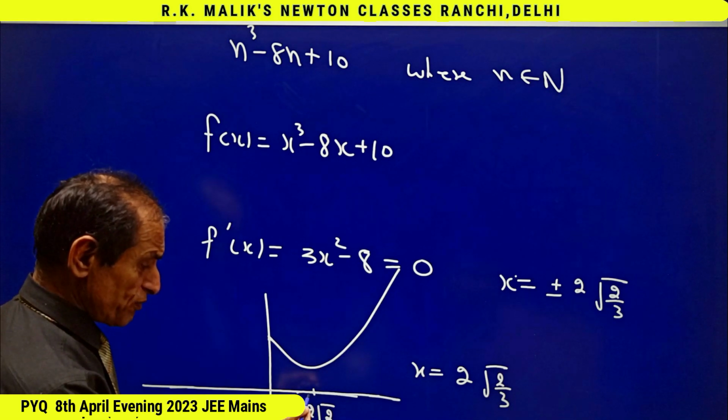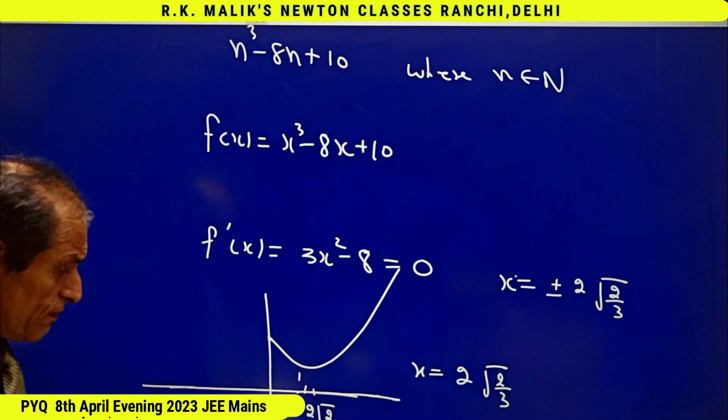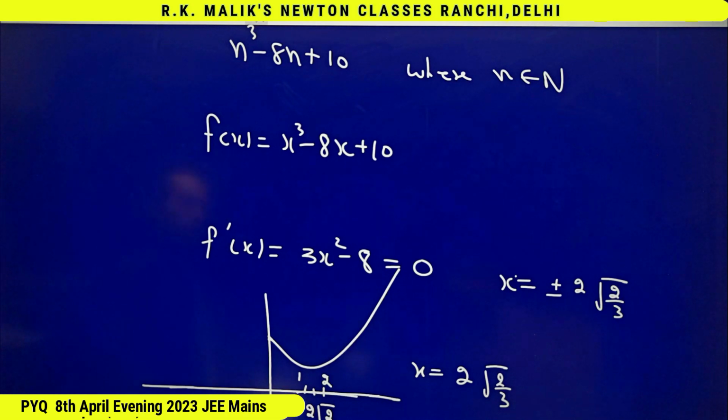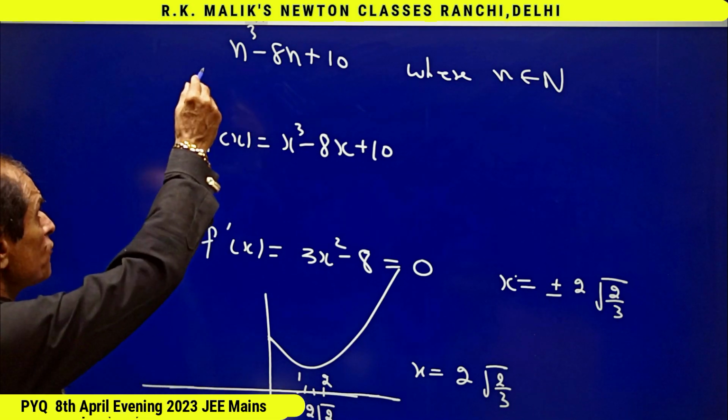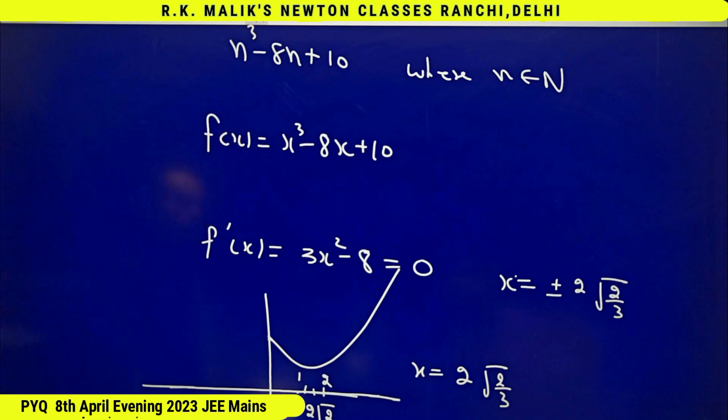It is clear that the natural number just less than this is 1, and natural number just more than this is 2. Hence, to find the least value of this, I will check the value of this at n equal to 1 and n equal to 2. Whichever is the smaller, I will say that is the least value of this.